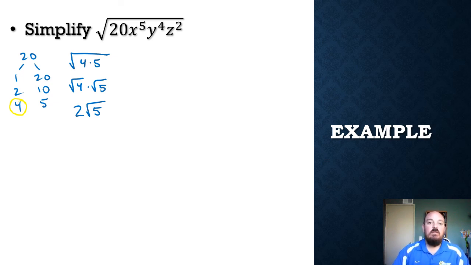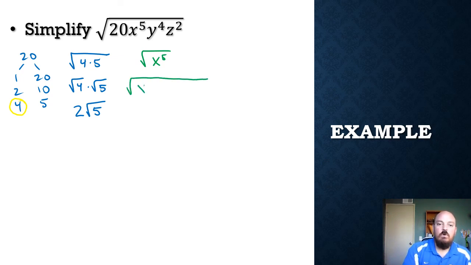Okay, now let's do the x part. So I have the square root of x to the 5th. Maybe I'll write it out, like I did in the notes before. 1, 2, 3, 4, 5 x's. So these first 2 will turn into 1 x.